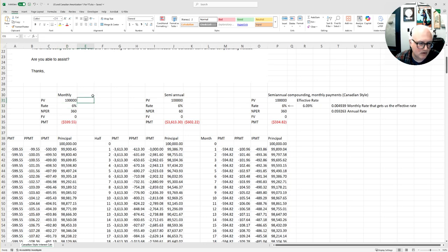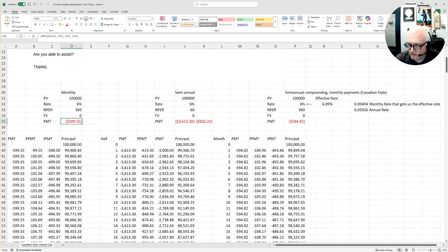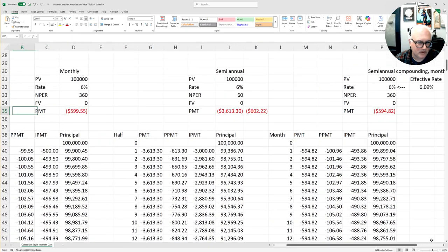Let's say you borrow $100,000 over 30 years, which is 360 months, and you pay me monthly, and it's paid off in full at the end of 30 years. The payment function would normally look like this.